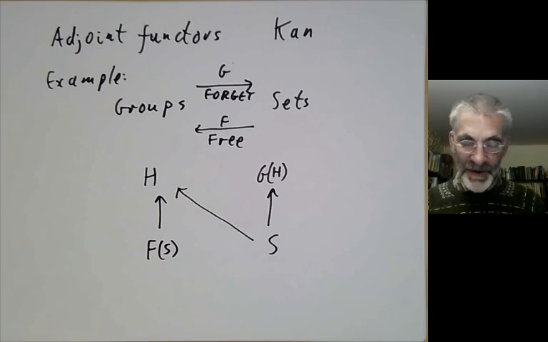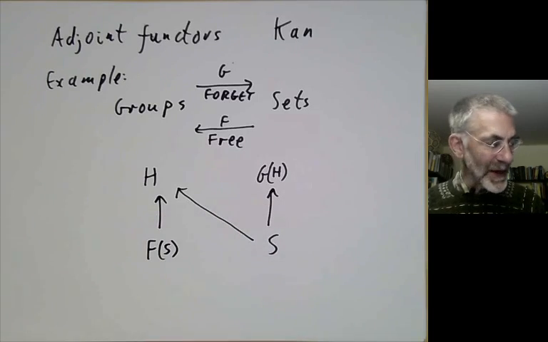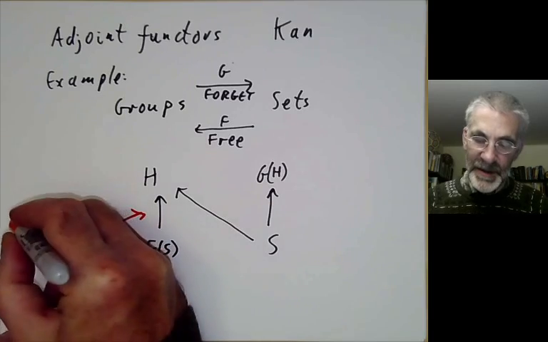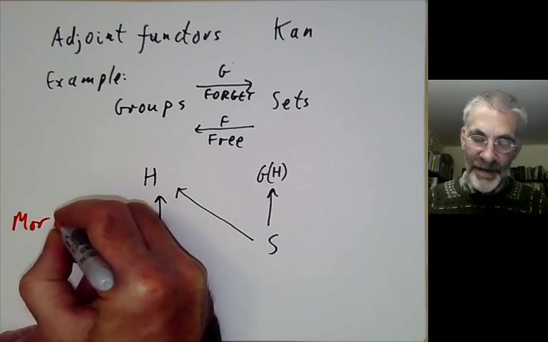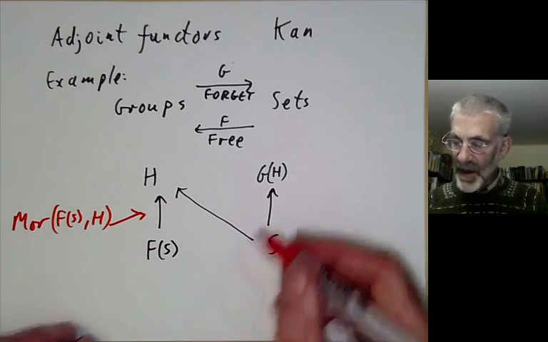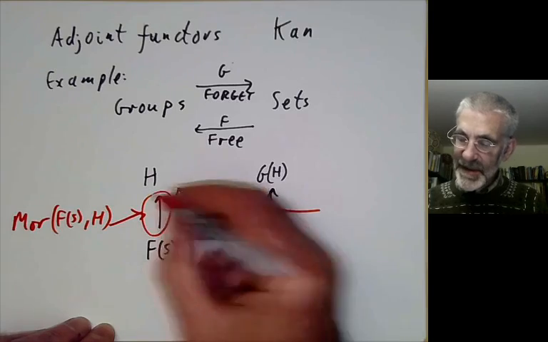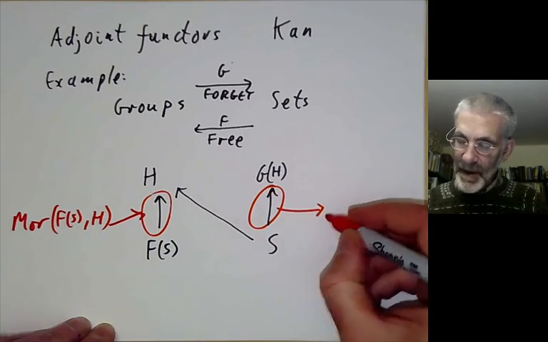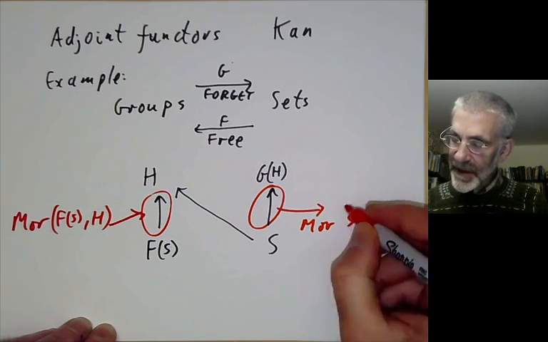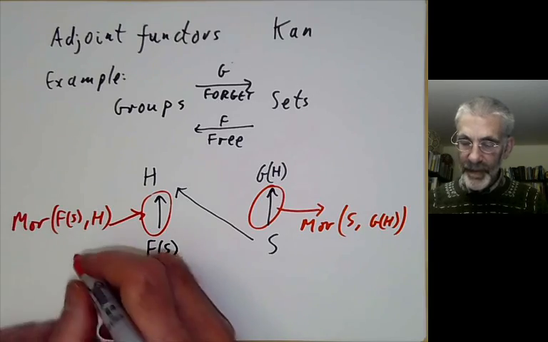So what we have are three sets here, and these are all naturally isomorphic. This set here is just the morphisms from F of S to H in the category of groups, whereas the set of these morphisms here are the morphisms from S to G of H in the category of sets.